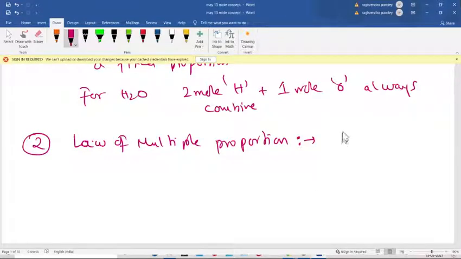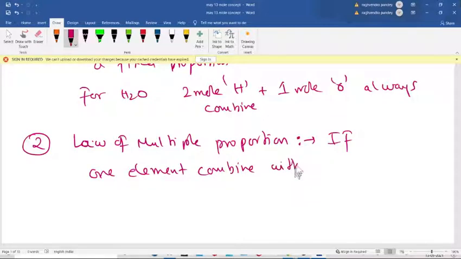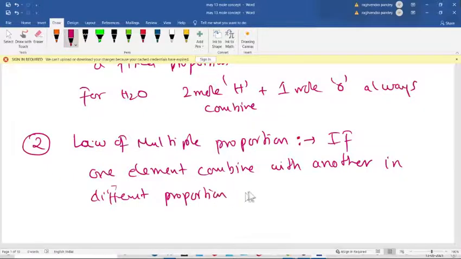So multiple proportion says that if one element combines with another in different proportions, they have a ratio in simple whole numbers.